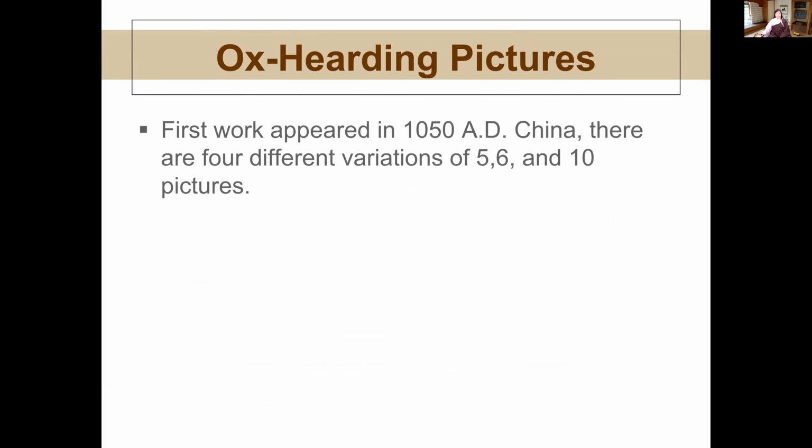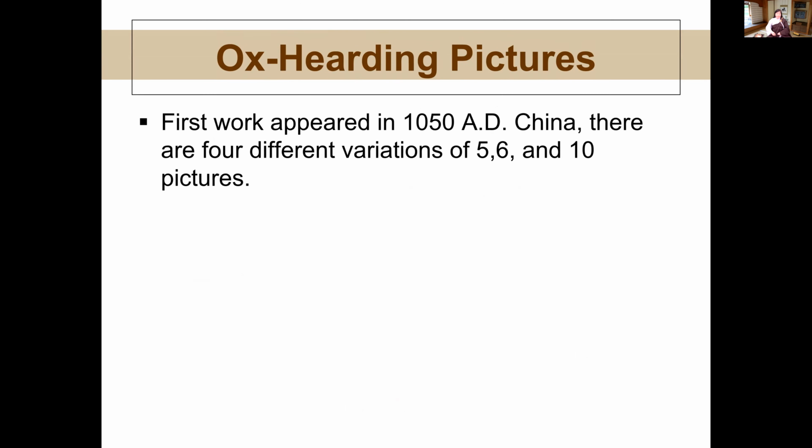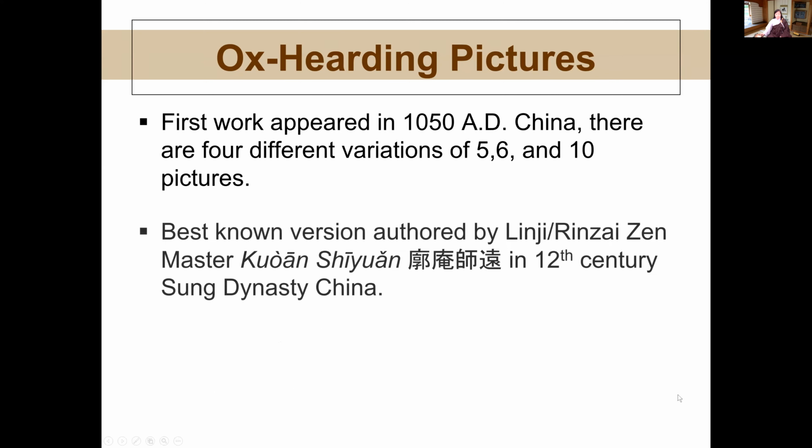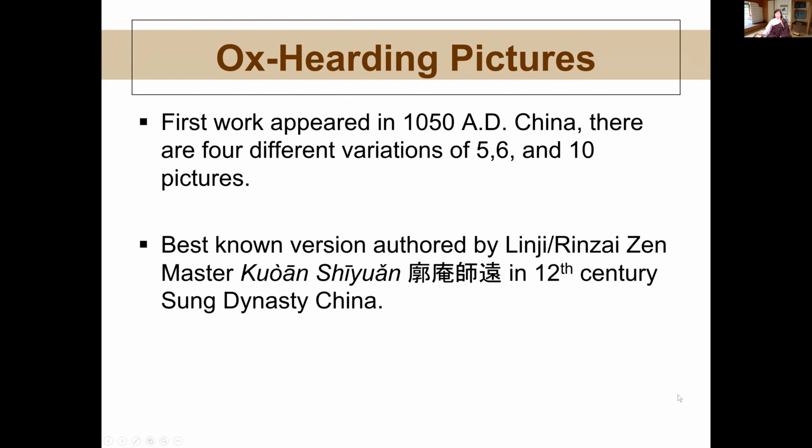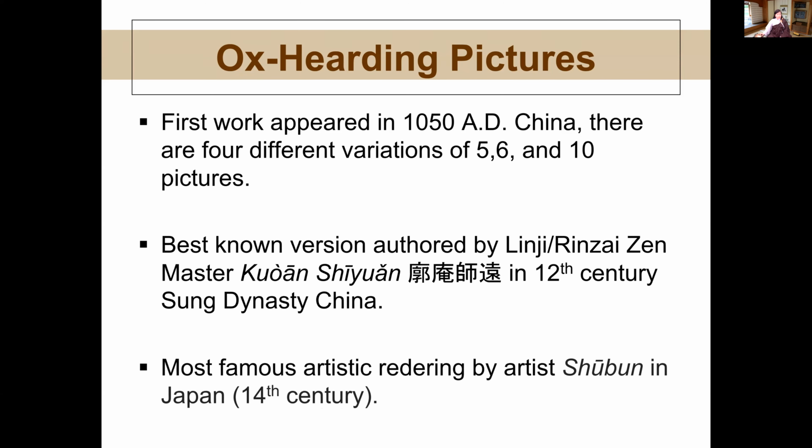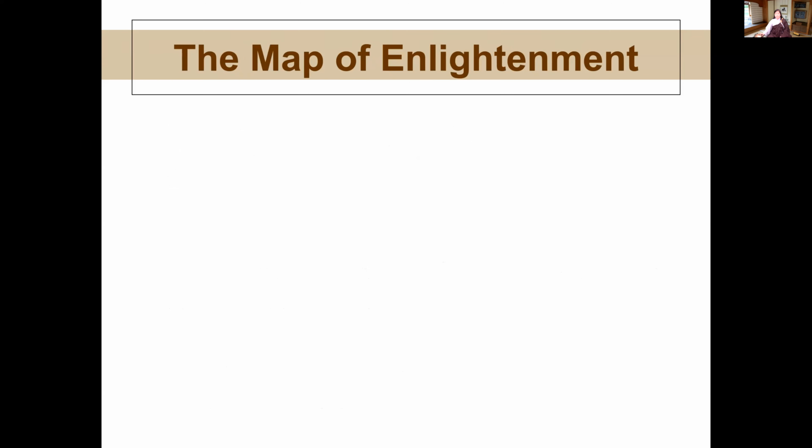Now, the ox herding pictures first appeared in 10th century China, where there were 4 different variations of 5 pictures or 6 pictures, and the most popular one that remains today is the 10 pictures version, which is the best known version authored by Rinzai Zen master, or Lin Qi as they call it in China, Zen master Kuoan Shiyuan, in the 12th century in the Song Dynasty, China. And its most famous artistic rendering is by the artist Shubun in Japan, in the 14th century, which is the one that we're going to use today.